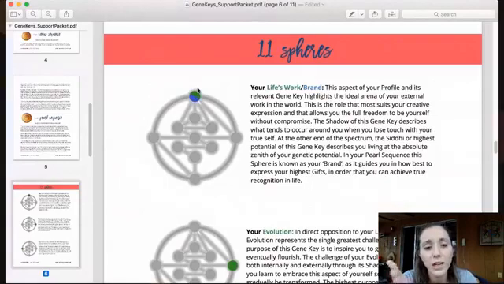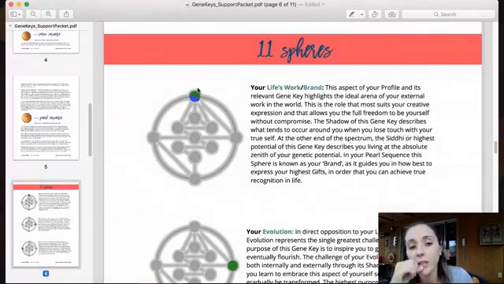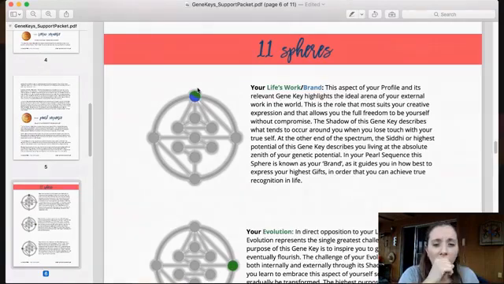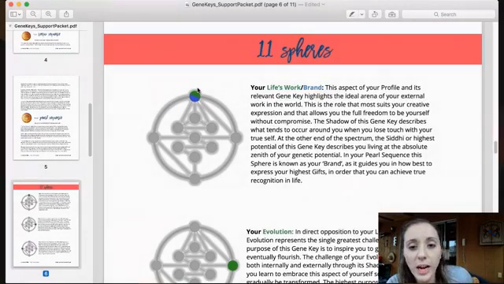They say life's work / brand because when you get into the pearl sequence, they call it the brand in the pearl sequence. So it's kind of half and half. This aspect of your profile and its relevant Gene Key highlights the ideal arena of your external work in the world. It's the role that suits your creative expression and allows full freedom to be yourself without compromise.